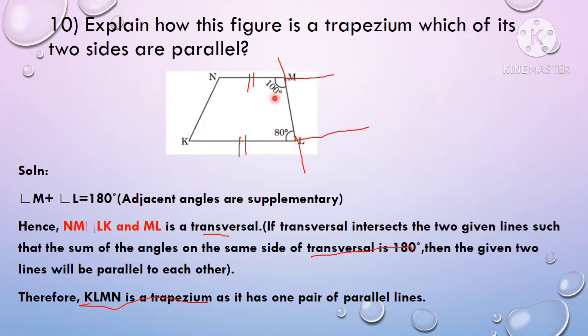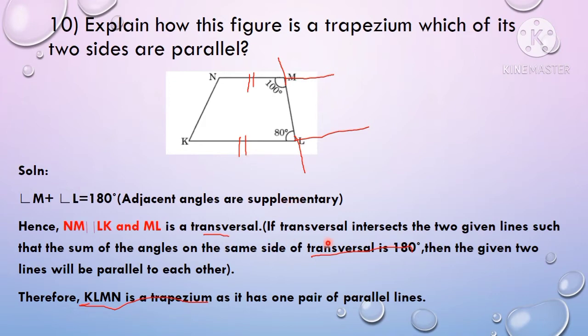We know that the sum of these angles is equal to 180 degree. So angle M plus angle L is equal to 180 degree, because adjacent angles are supplementary. Supplementary means 180 degree. So hence we can say that NM and KL are parallel and ML is a transversal.